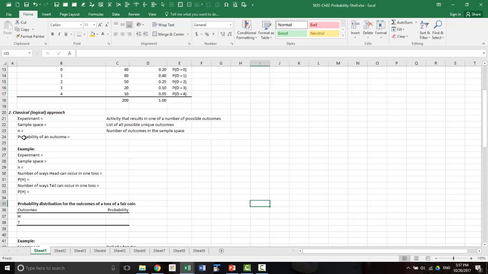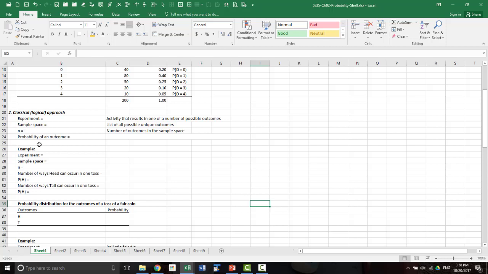So the probability of an outcome is the number of ways in which that outcome can occur in the sample space. We have a list of possible unique outcomes, right? You look at all the unique outcomes and see how many of them would result in the outcome that you are interested in.